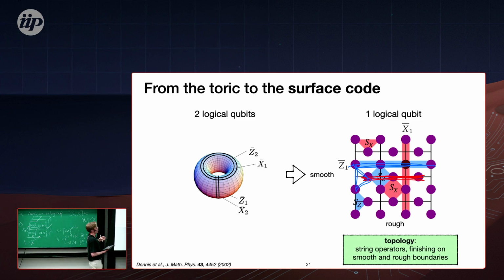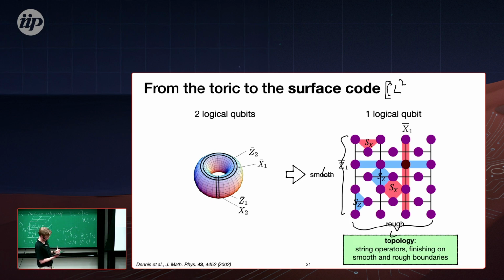Okay, so we now are on the surface. We have lost one operator, but we can still do the same counting as before, and we will find that for the surface code, on an L by L lattice, we will have how many physical qubits? L squared, 2L squared, almost.